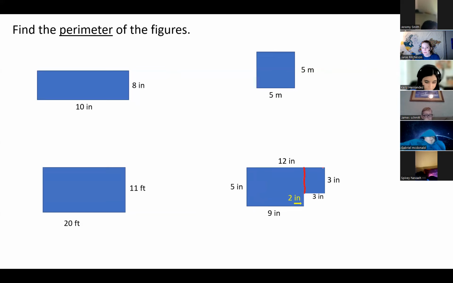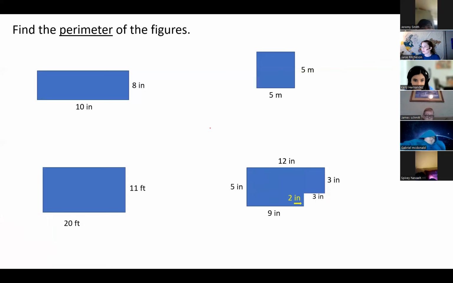So what are the dimensions of this rectangle, actually, I guess with the dimensions labeled, it's a square. What are the dimensions? It's a 3 by 3, correct? So, oh, we're still doing the perimeter. Okay, never mind. I'm trying to make this an area problem. So it's not that complicated with perimeter, is it? All we got to do is go around the whole thing and add up all the numbers.